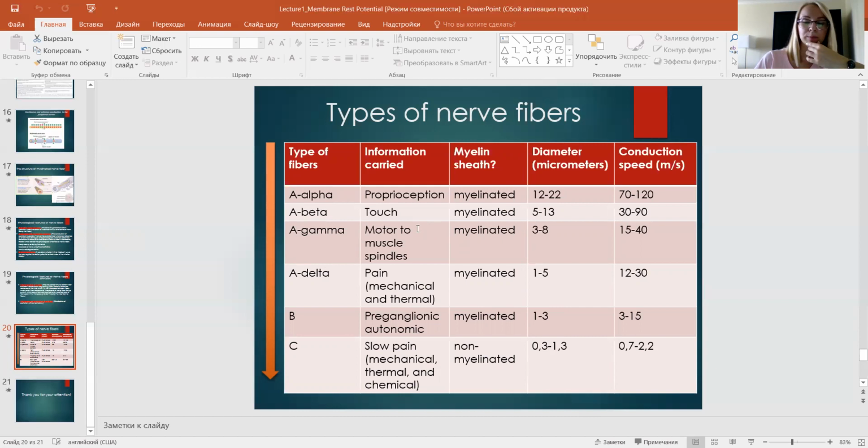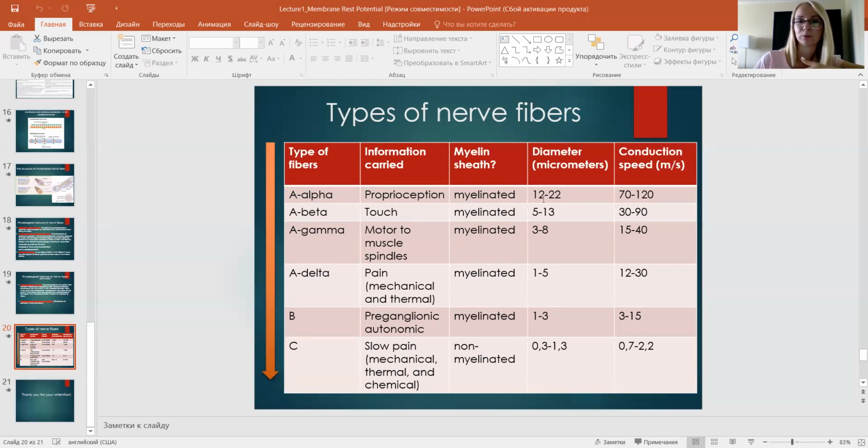Here you have a table which explains the difference between all these groups and subgroups. Group A, subtype alpha, is responsible for carrying proprioception information. It is myelinated, it has myelin in its structure.